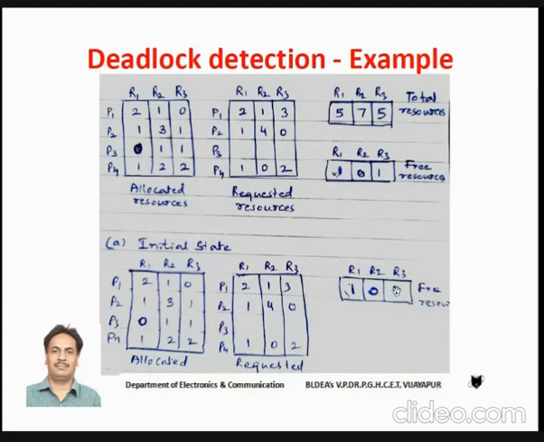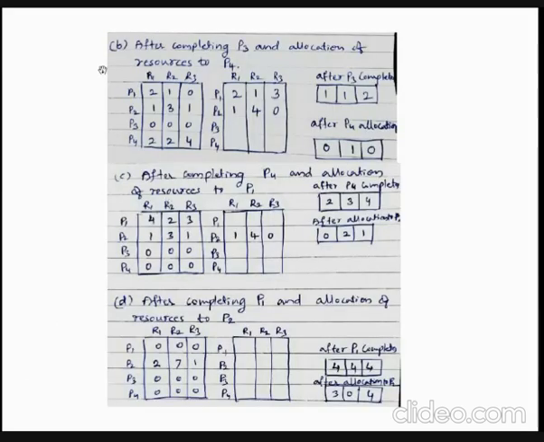That's why in the next state, the free resource information will be updated as 1, 1, 2. I have written that here. If you look at this status, here we have written after completing P3 and after allocation of resources to P4.